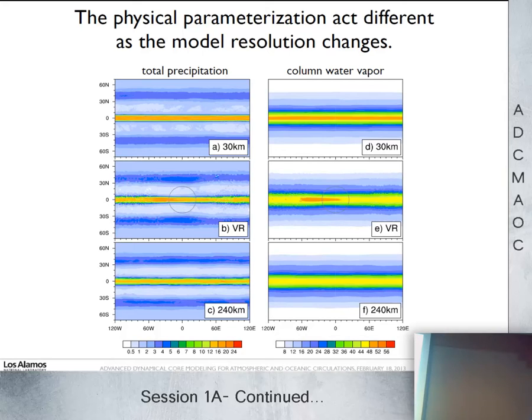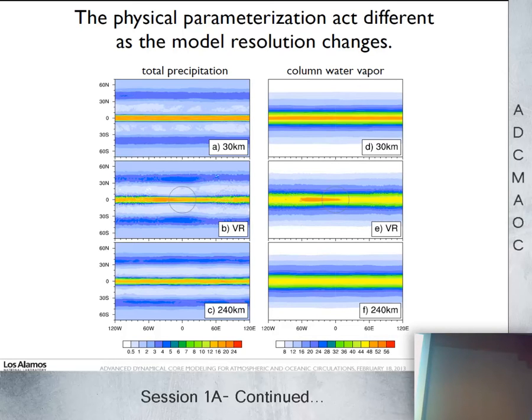So we can see that the 240 and the 30 actually have dramatically different column-integrated water vapor, particularly in the tropics. And in fact, the 30 kilometer wants a moister climate than the 240. And we've seen this for decades, but we've never had a multi-scale model that put these scales into a single simulation, and so we could somehow maybe ignore it a little bit. But if you do put it into a single simulation, you get actually what you should expect to get.